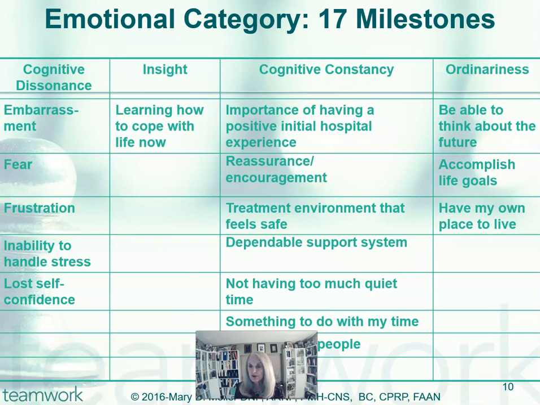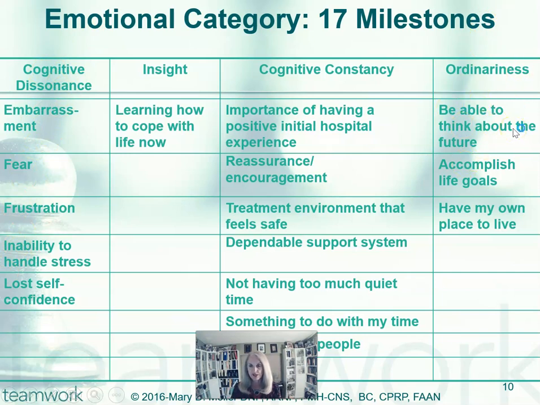To being able to think about the future, accomplishing goals, and having my own place to live. So what happens to so many of our consumers is that they're discharged and they're still on the couch, but these are the goals over here.